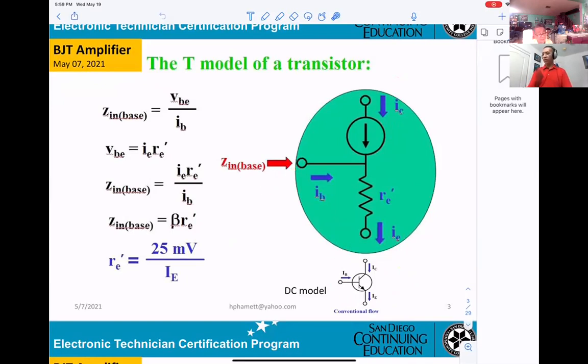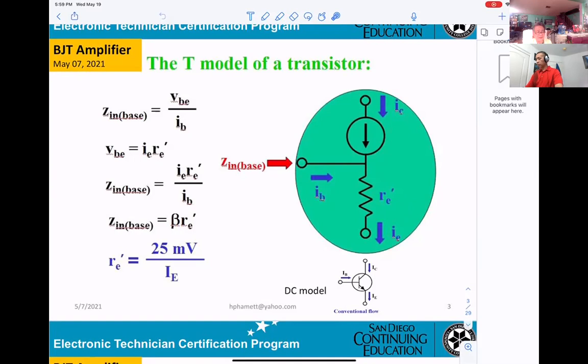And very important: if you're looking at the DC between the base and the emitter, you get a diode. However, for AC, you don't have the diode anymore, and it is substituted by the resistance r'e. And we already told you r'e equals 25 millivolt divided by IE, the DC current.